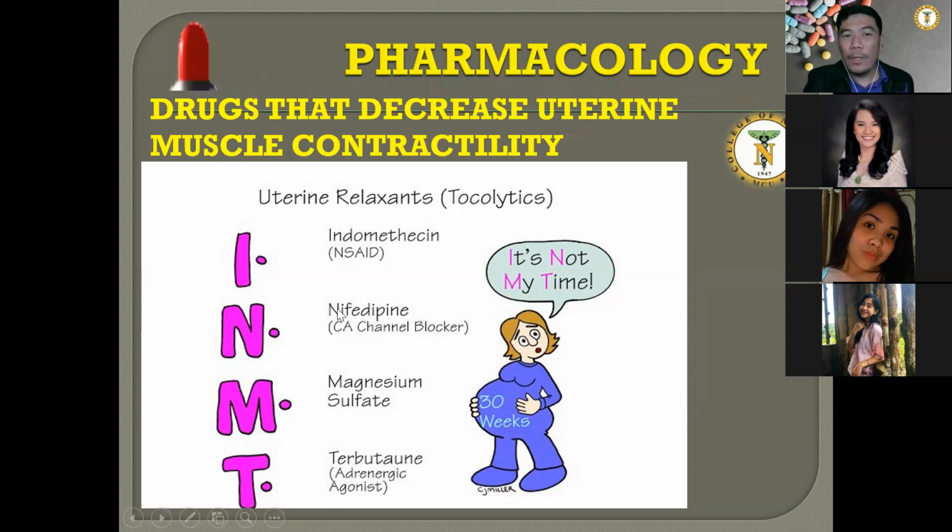Other than that, aside from magnesium sulfate and terbutaline, nifedipine could also be used as a uterine relaxant, and indomethacin as a non-steroidal anti-inflammatory drug can also be used as an alternative, depending on the obstetrician's prescription. We need to be flexible: if terbutaline or magnesium sulfate is not available, it could be either nifedipine or indomethacin.